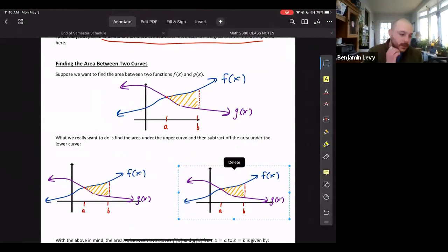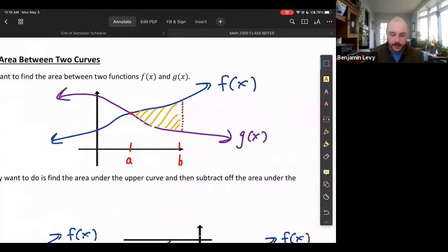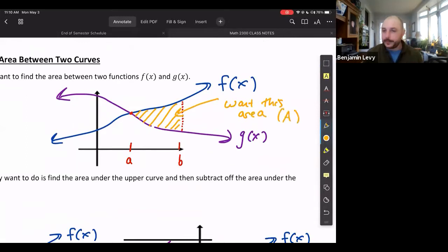And so I'll start noting in a second. So the top one is sort of the finished product, and then we're going to note some things on the bottom too to help us understand how we obtain the one on the top. Okay, so you want to have the same graph drawn 3 times. And again, the idea is we want the area between them. Let's call that area A, capital A.